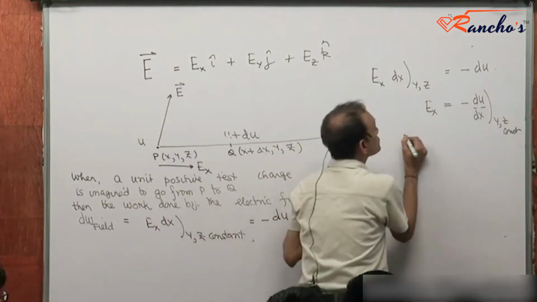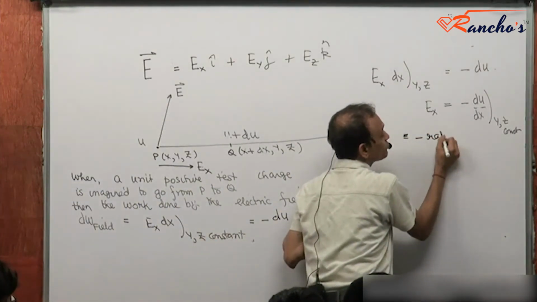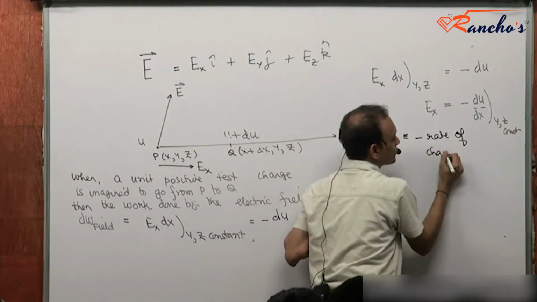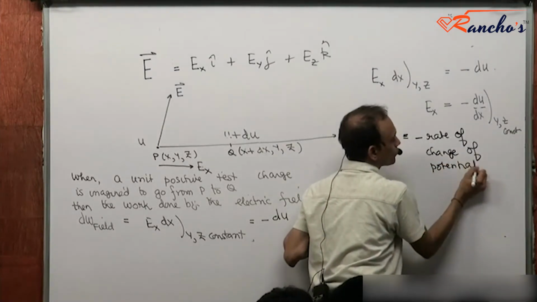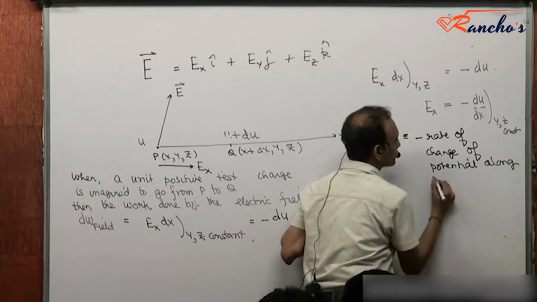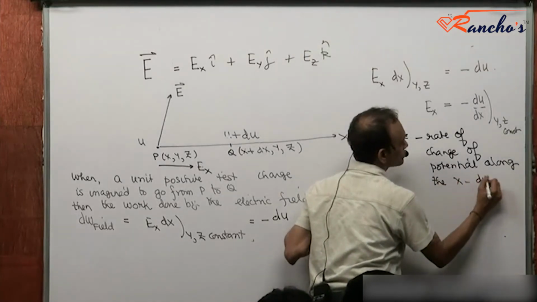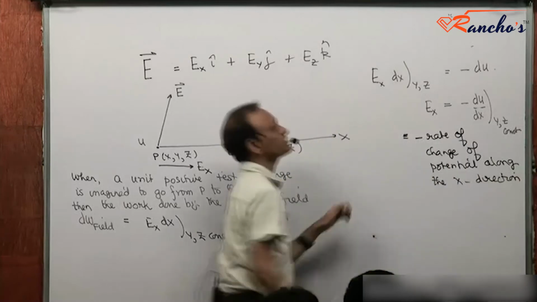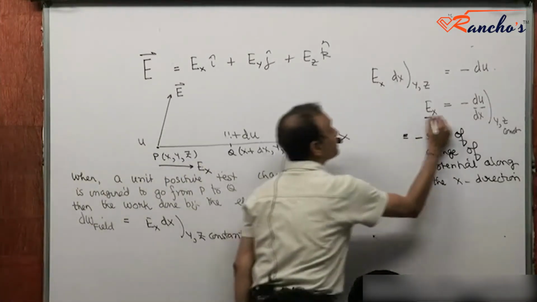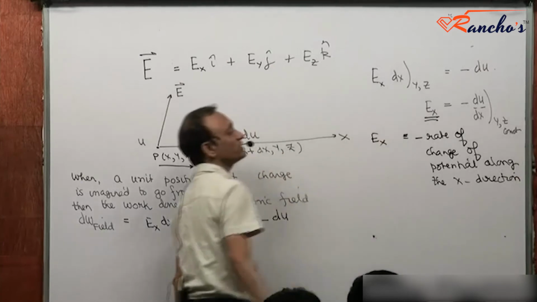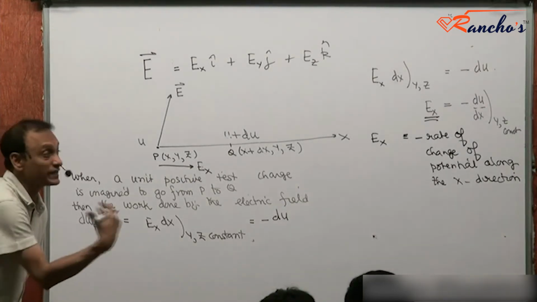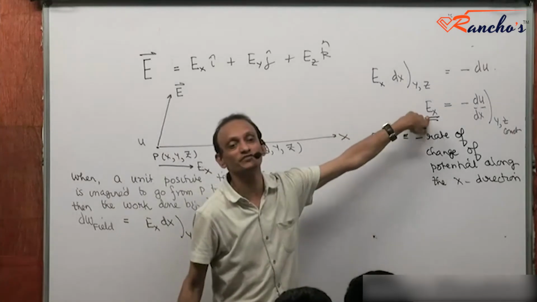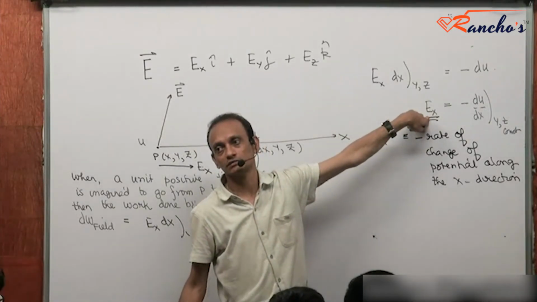The negative of the rate of change of potential in the x direction will give me the component of the electric field in the x direction. This is what it means.